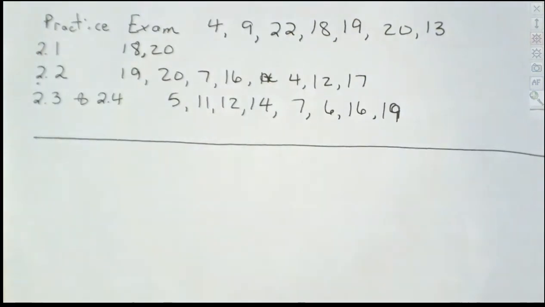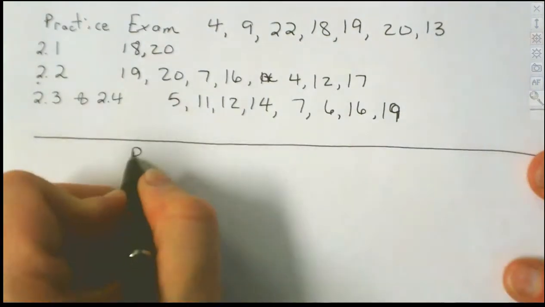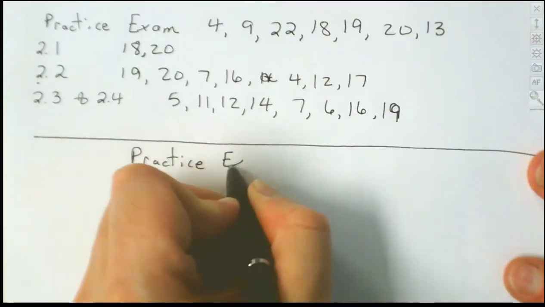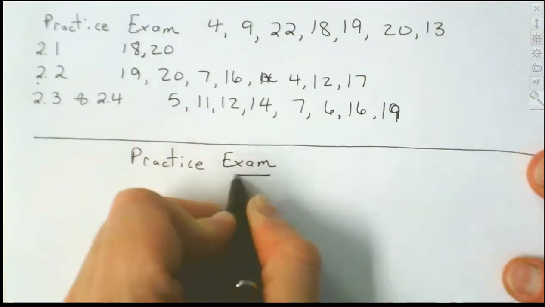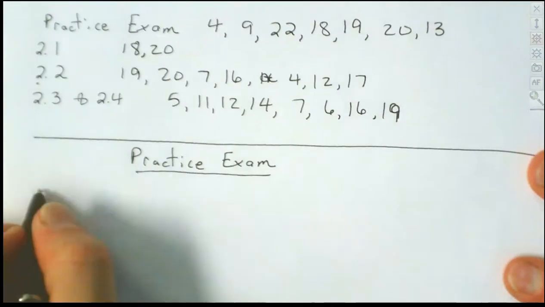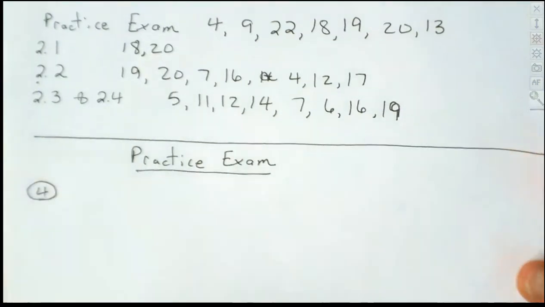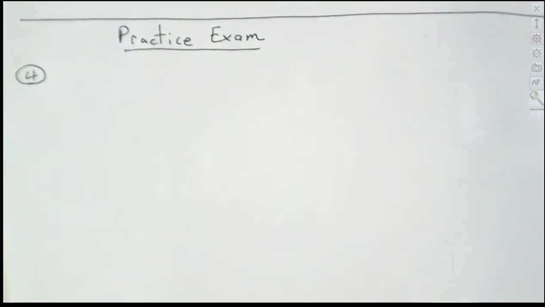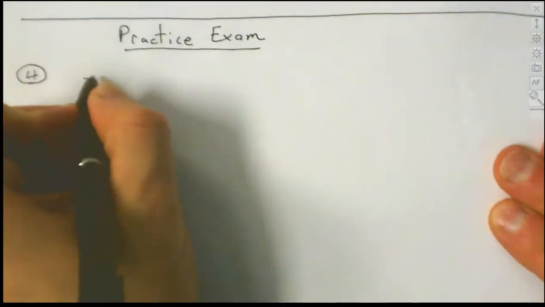All right, so let's begin with questions on our practice exam, and we'll begin now with question number 4. And question number 4, on your practice exam, they give you this equation.